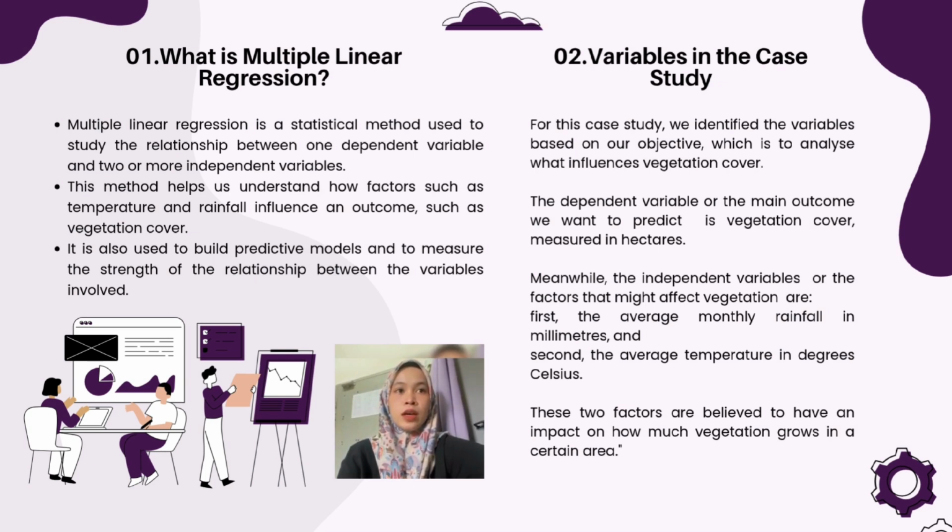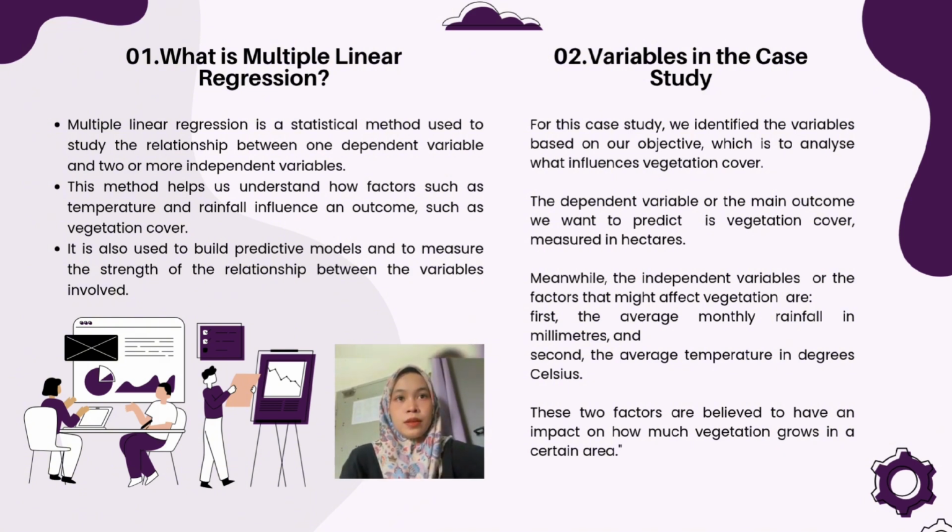For example, vegetation cover. This method is also very useful in making predictions and analyzing how strong or weak the relationship is. For this case study, we identify the variables based on our objective, which is to analyze what influences vegetation cover.